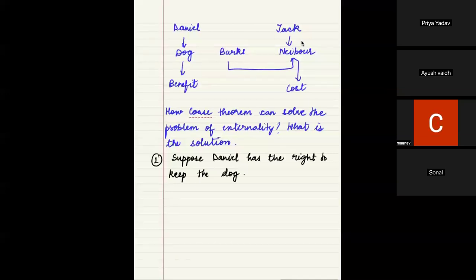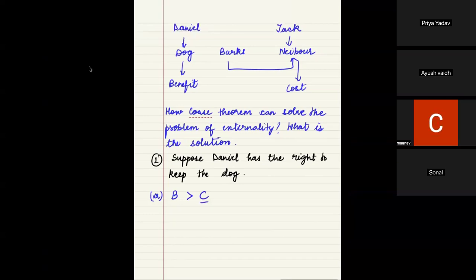Now, if he has the right to keep the dog, first situation, the benefit B that he gets from the dog is greater than the cost C that the neighbor incurs. What does the Coase theorem say? There is going to be bargaining, and there should be no cost of the bargaining. Now Jack comes to Daniel and says, I am incurring some cost, please stop the barking of your dog.